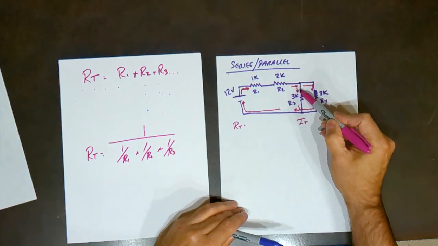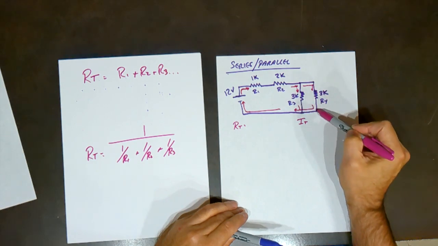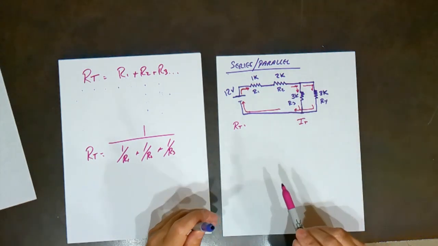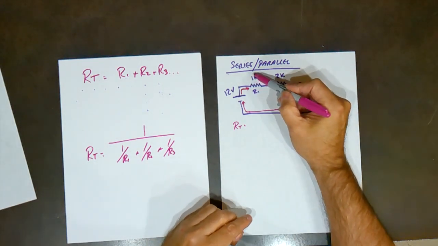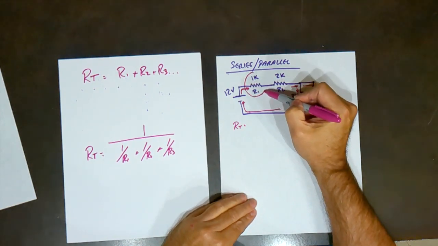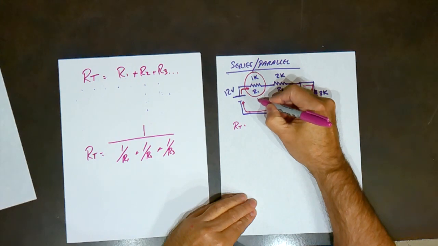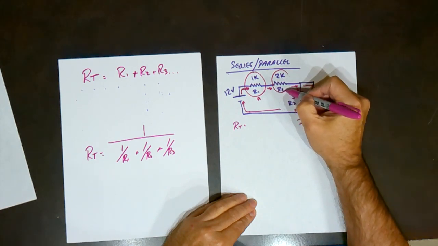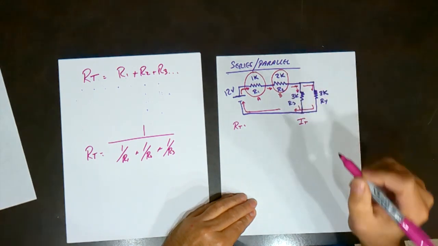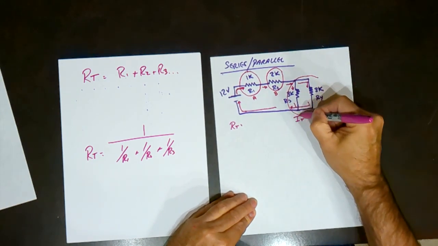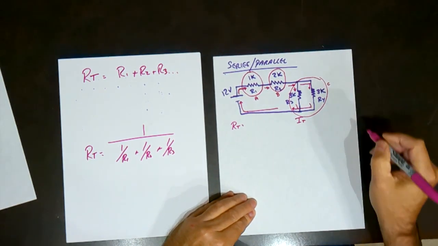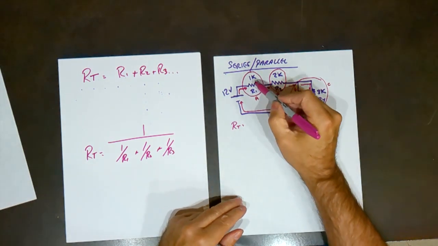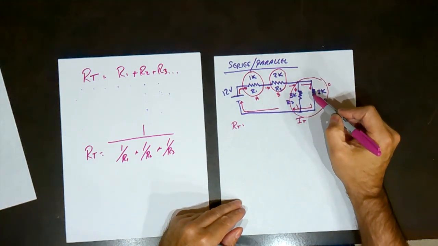Then it splits here, and we have a branch here and a branch here. Those two branches are in parallel. So when we look at it, the first obstacle that the current encounters is this, we'll call that A. Then the current encounters this obstacle, which is B. Then the current encounters this obstacle, which is C. Those obstacles happen at different times, first this one, then this one, then this one.